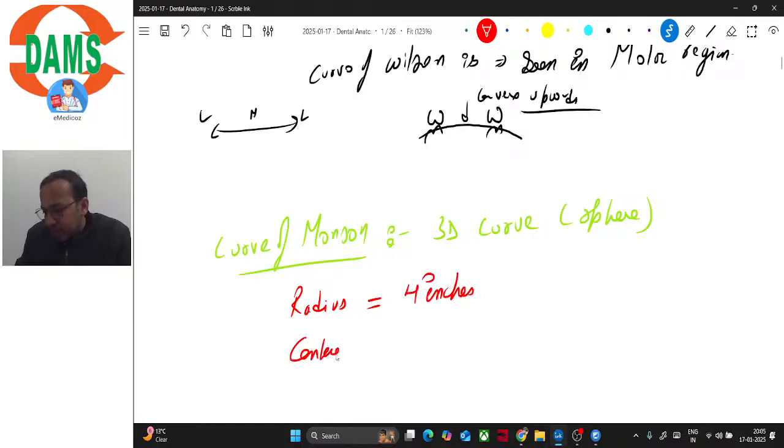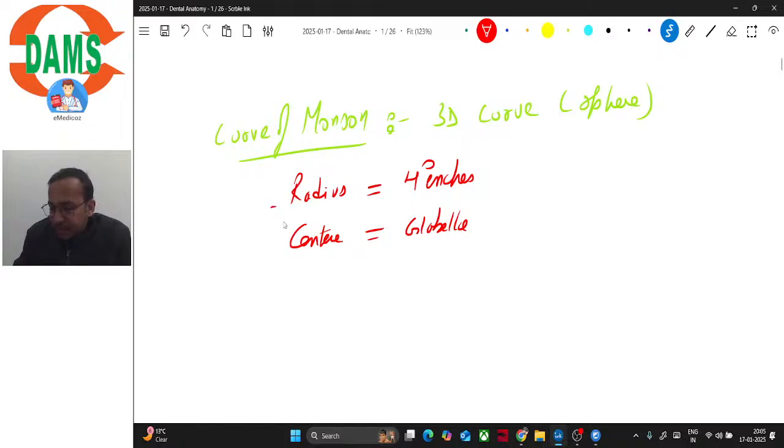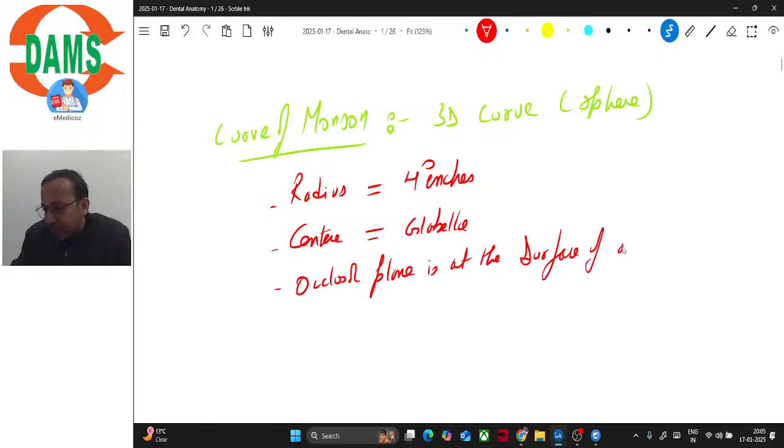And the center is at glabella, and the occlusal plane is at the surface of this sphere, isn't it?